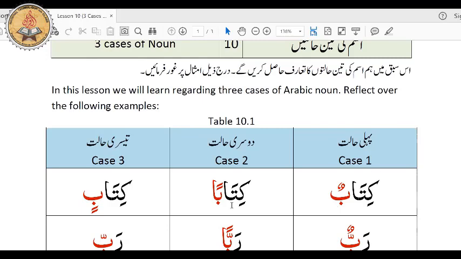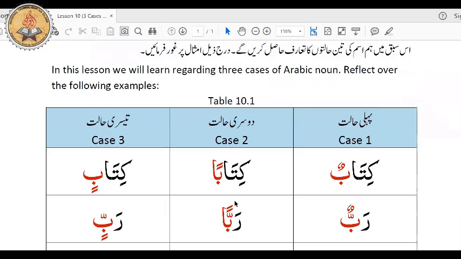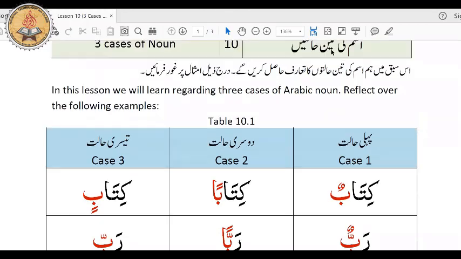So if I say the last written letter, definitely in this case it is alif, but the vocal letter is not alif, it is ba. If I say kitaban, the last vocal letter will be ba, not alif.